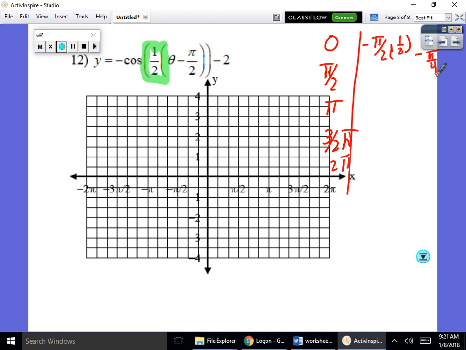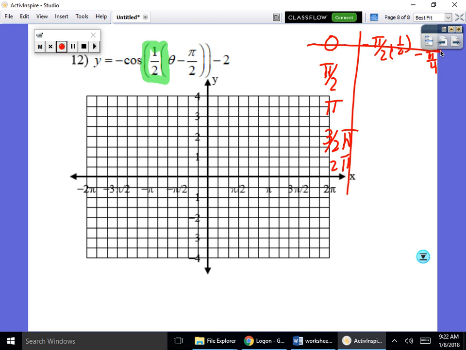Do I like that? No. That's just going to give me an ugly answer. Yes? So I'm going to eliminate that one for now. Because it's going to be the square root of 2 over 2, and then I have to subtract 2 from that, and that's not something I want to do.